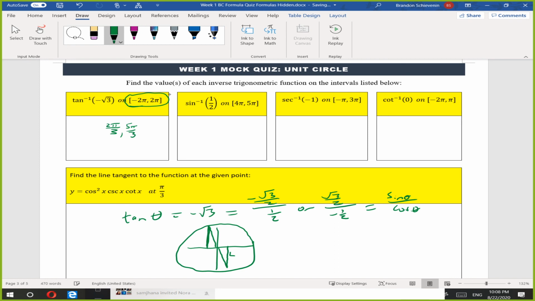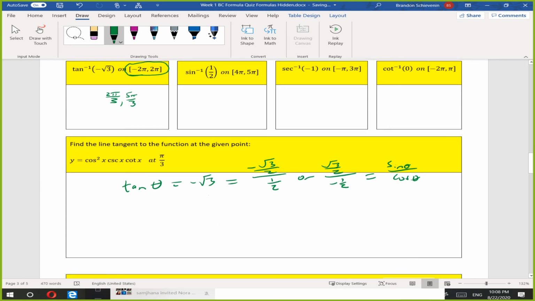Okay, I'm going to draw our unit circle again, really quick, just for practice. Okay, so what I'm going to do is split this up into 6. So I've got a rough circle.